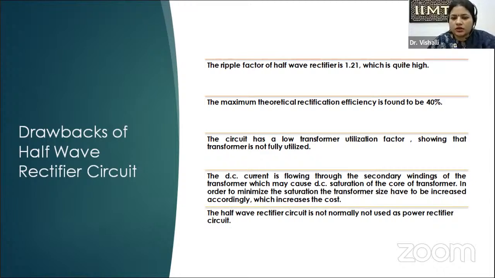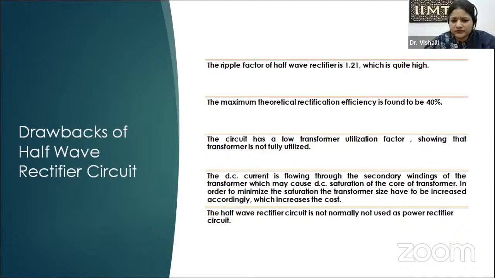Which is also not a very good thing in terms of converting AC to DC. Thirdly, the transformer which we use in the half wave rectifier is not fully utilized. We define a term called the transformer utilization factor, and we can also calculate that value. But in the half wave rectifier circuit, it has been found that the transformer is not fully utilized.